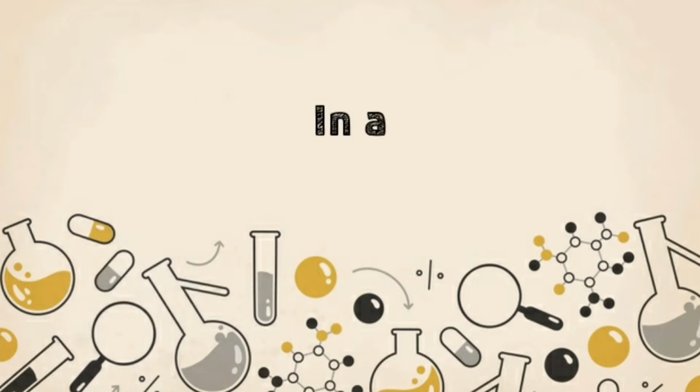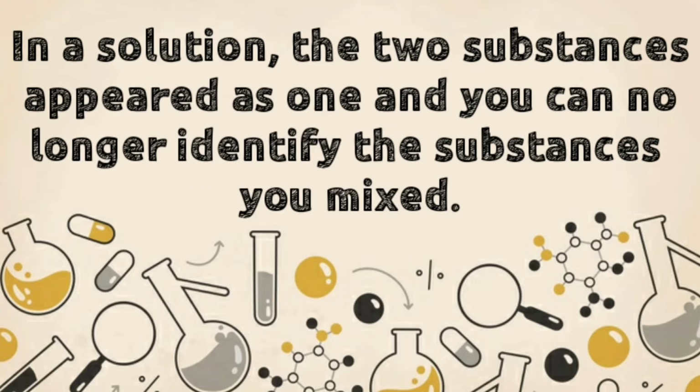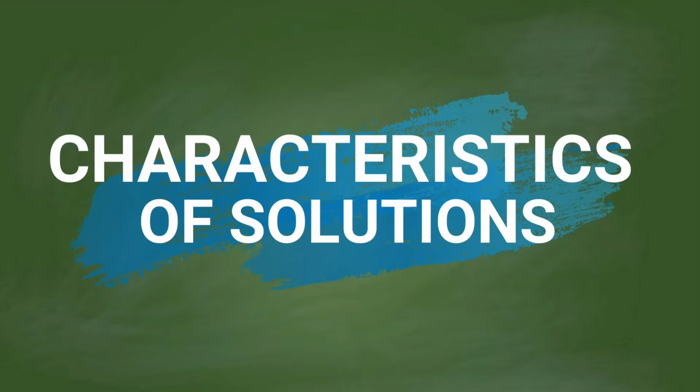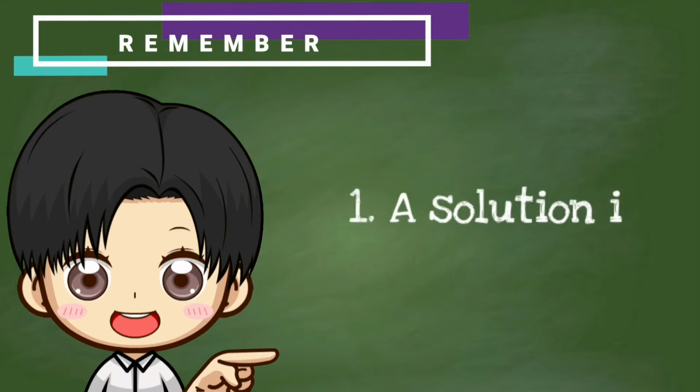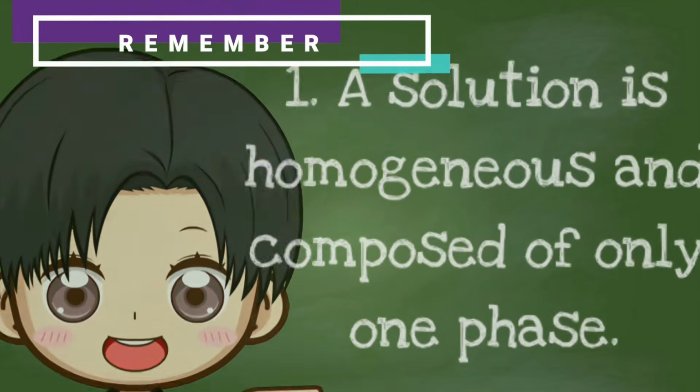Conclusion. In a solution, the two substances appeared as one, and you can no longer identify the substances you mix. Always remember the following characteristics of solutions. First, a solution is homogeneous and composed of only one phase.